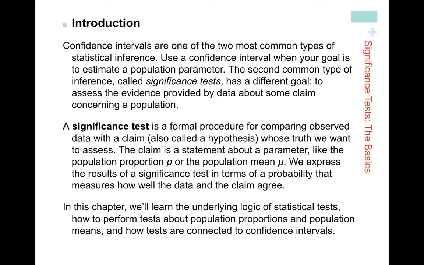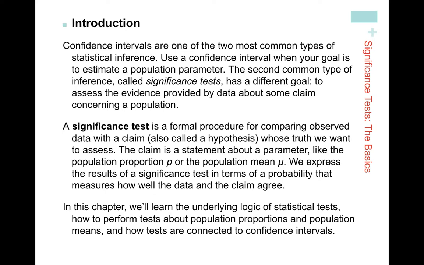Then it produces something very valuable: a range of plausible, believable values that will capture the true parameter you're searching for C level percent of the time. So that's a very valuable tool.